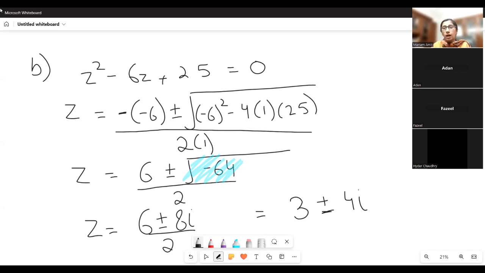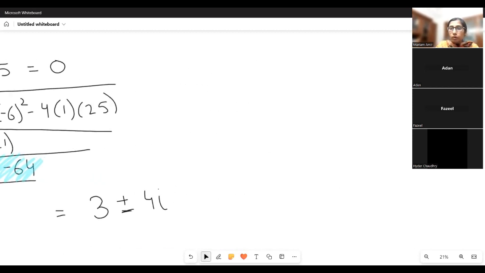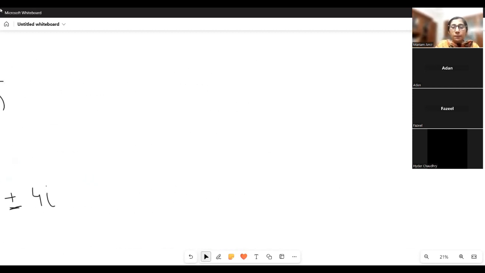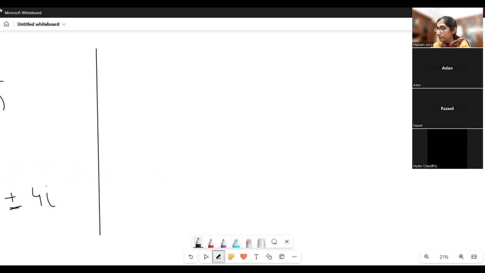Okay. Now we will be talking about quadratic equations where a, b, and c are not real. For example, here's a quadratic equation.